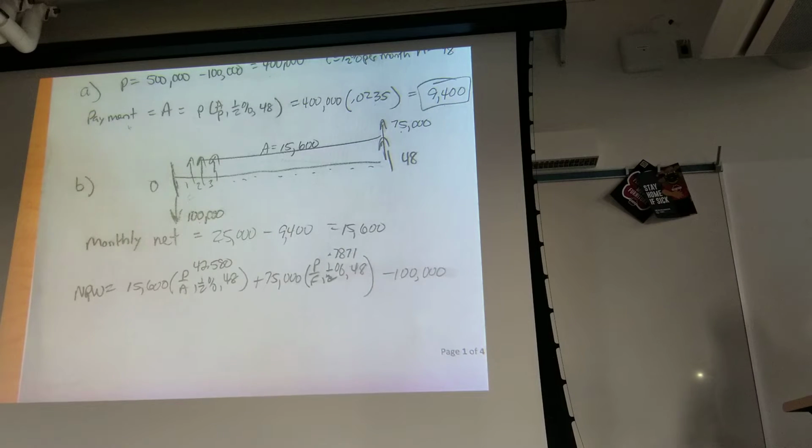And now we just multiply and add, and that gives us our final answer. $15,600 times 42.58, plus 75,000 times 7871, minus 100,000. 623,281.